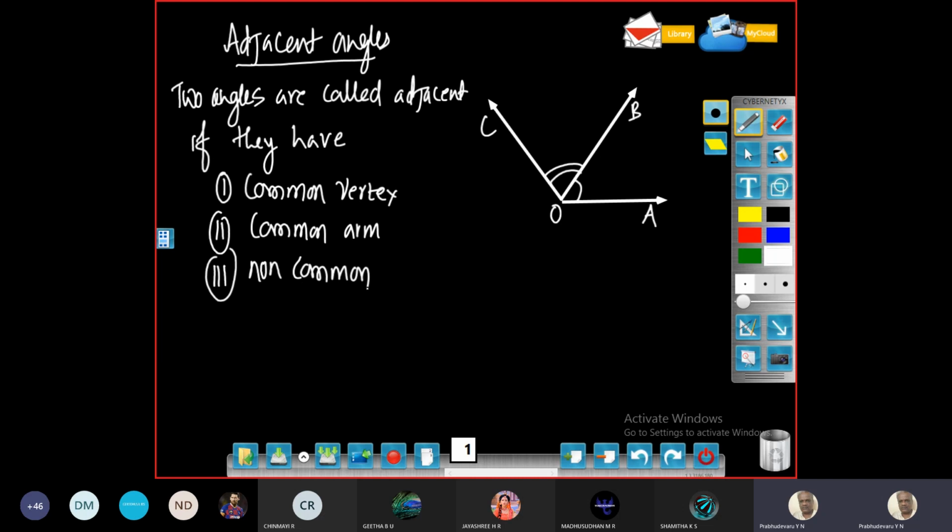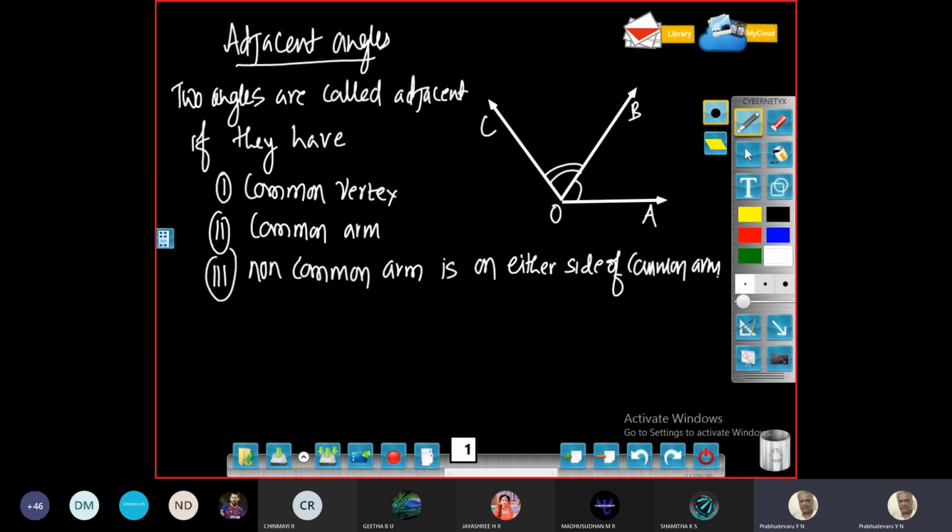Non-common arm is on either side of common arm. If these three conditions are satisfied, then we call that adjacent angles.